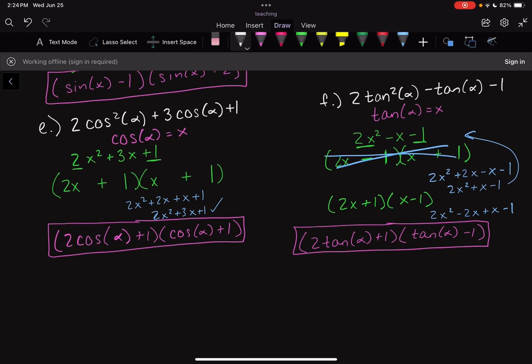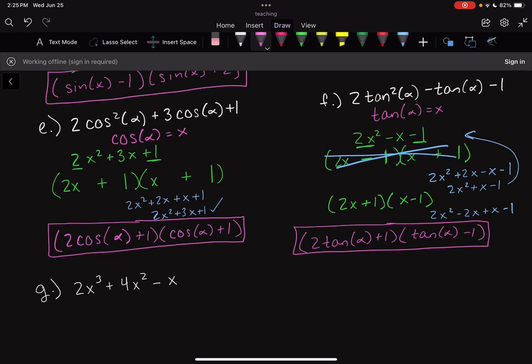There's one more type of example I want to do for factoring, and this is like factoring out a greatest common factor. So let me show you this one. 2x cubed plus, let's say 4x squared minus, let's just say x.